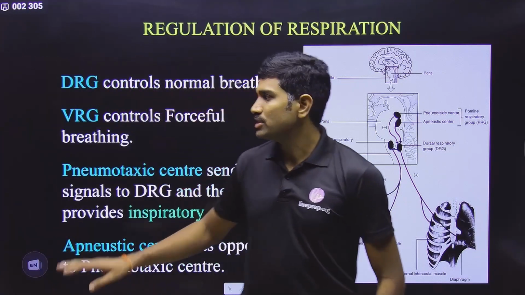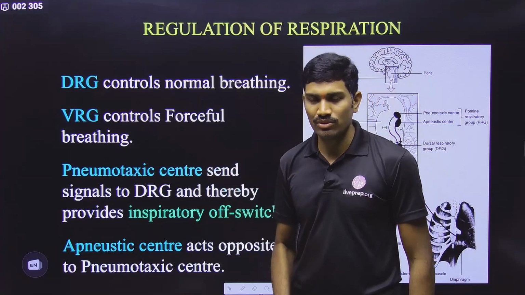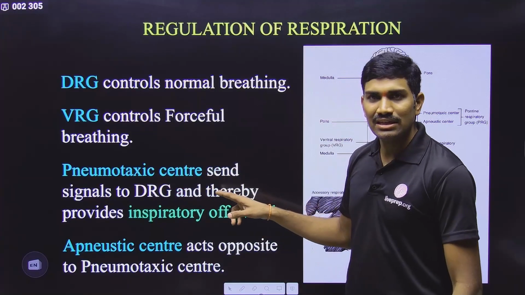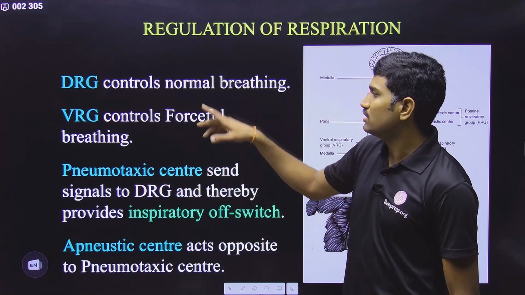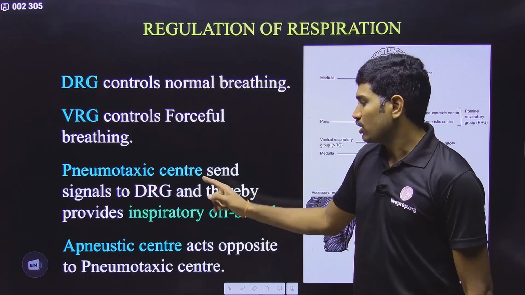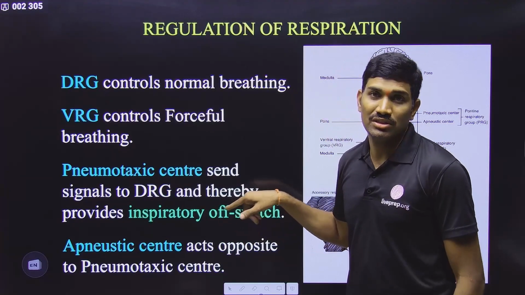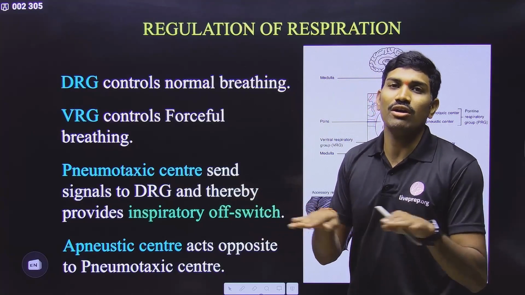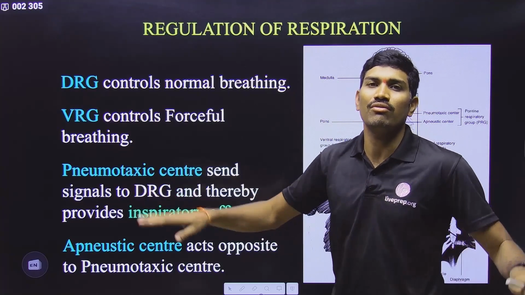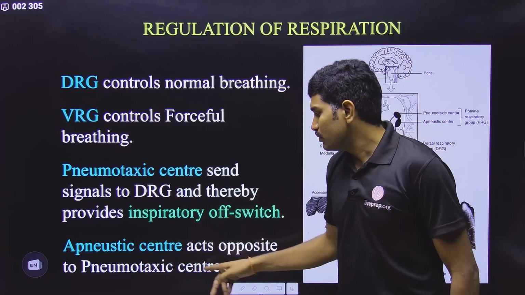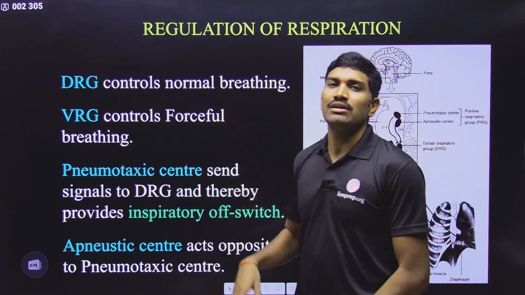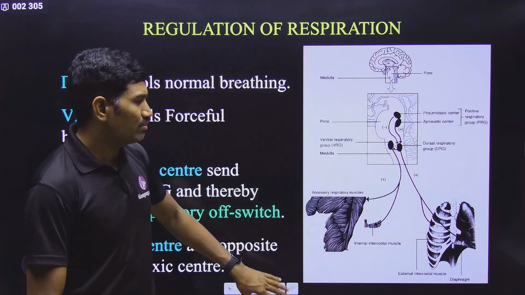Ventral respiratory group is involved in the forced breathing process. The pneumotaxic center gives signals to the dorsal respiratory group, and it also provides the inspiratory off switch, so where the inspiration should switch off, that will give. Apneustic center acts opposite to the pneumotaxic center. That's it. These are the four important points.